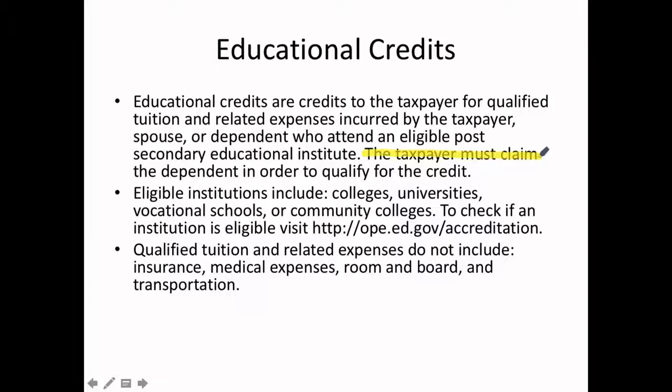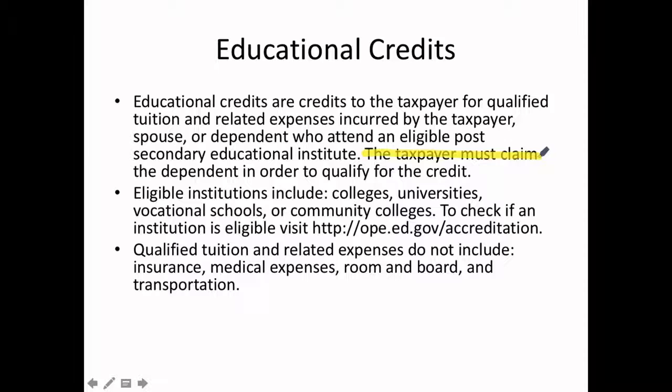So the eligible institutions that you are going to be able to put on Form 8863 are colleges, universities, vocational schools, community college. For instance, the educational portion of our company is a vocational school. So if we were to give a form out, you could claim that as an expense.